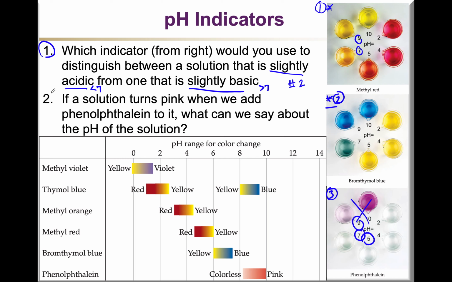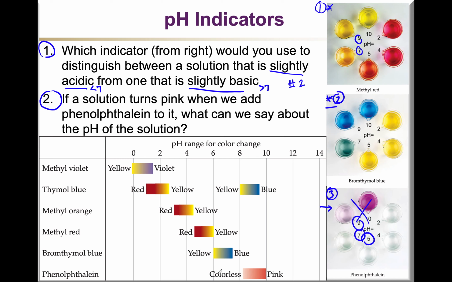Now, second question. If a solution turns pink when we add phenolphthalein to it, what can we say about the pH of the solution? You can answer that either by looking at the figure right here of phenolphthalein or by looking at the plot here where it tells you what the color is at the lower pH, where it changes pH, and then what color it would be after that pH.